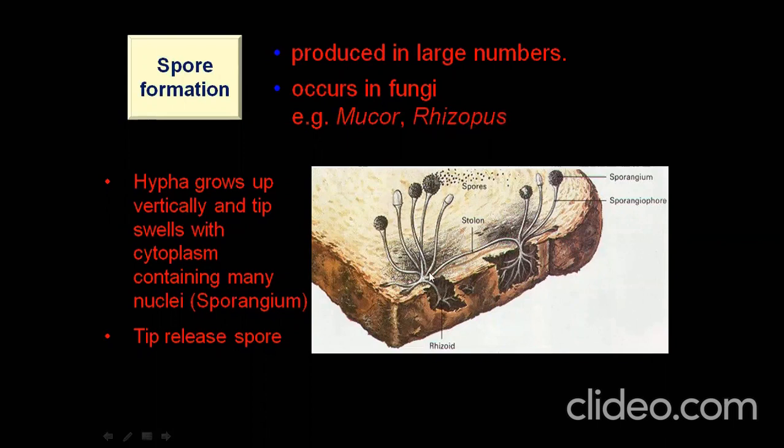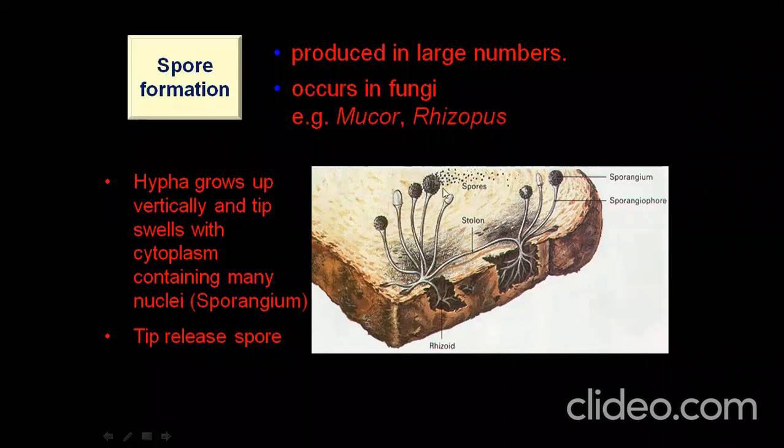So Rhizopus is growing over bread, right? Now these are the hyphae of the fungus, and you can see here that this sac-like structure is called the sporangium. And in this sporangium, what will happen? Some round-shaped structures will develop, and those are called spores, right?